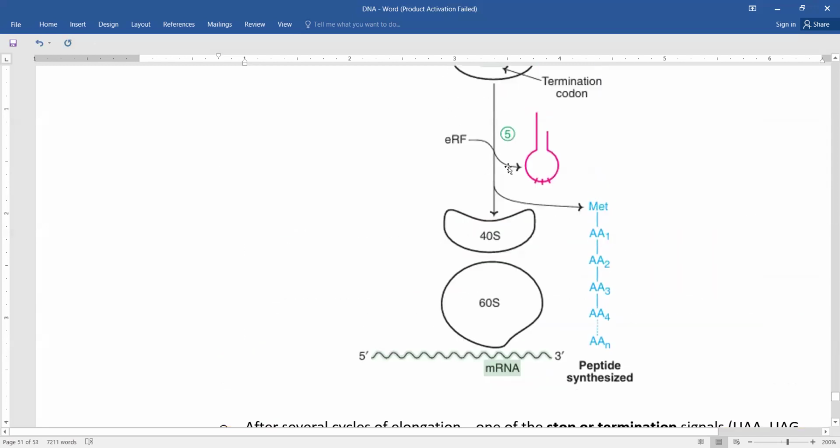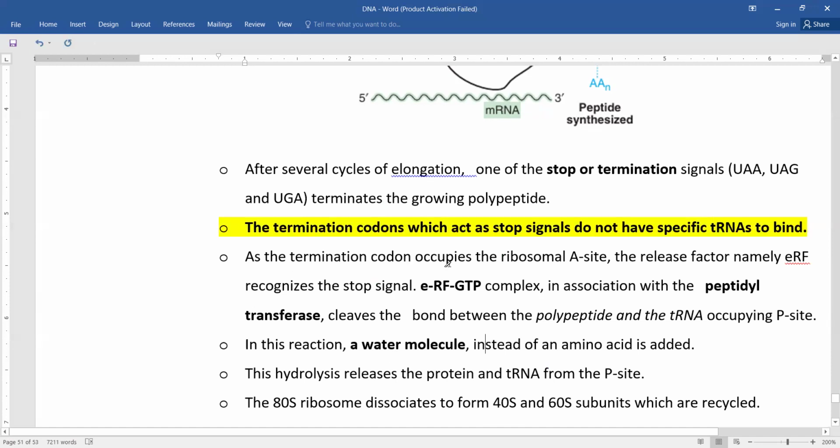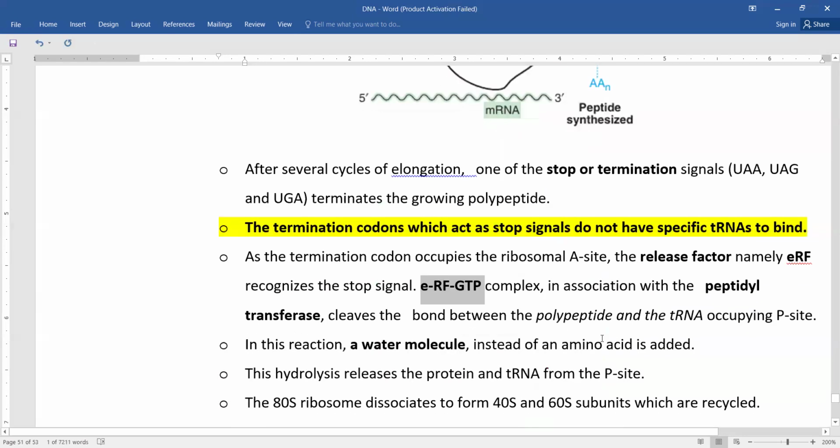This is UAA, a termination codon. Since there is no proper tRNA for it, there is a releasing factor. As the termination codon occupies the ribosomal A site, the release factor, namely eukaryotic releasing factor (eRF), recognizes the stop signal. eRF and a GTP are utilized here.